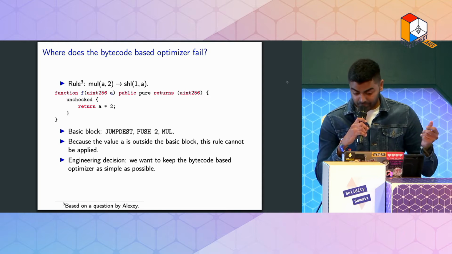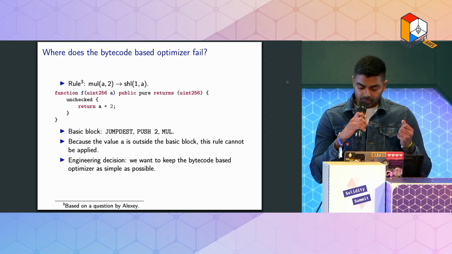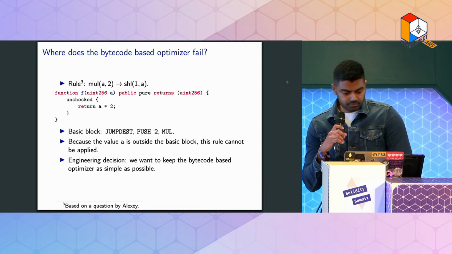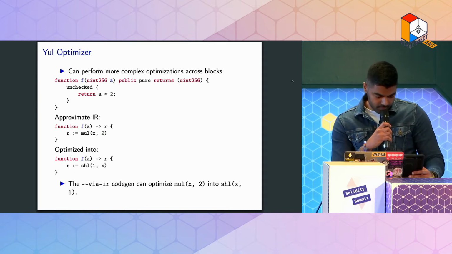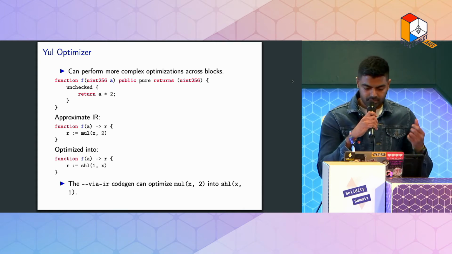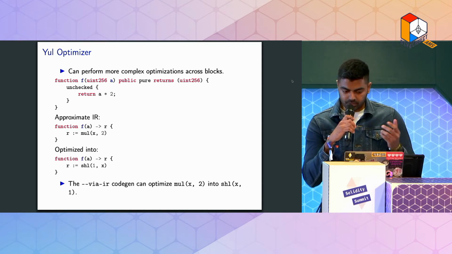As I said before, you can of course fix this by doing more complicated analysis, but I will get to later why we don't want to do this. So this somewhat motivates why we need a more complex optimizer, which is the UL optimizer.